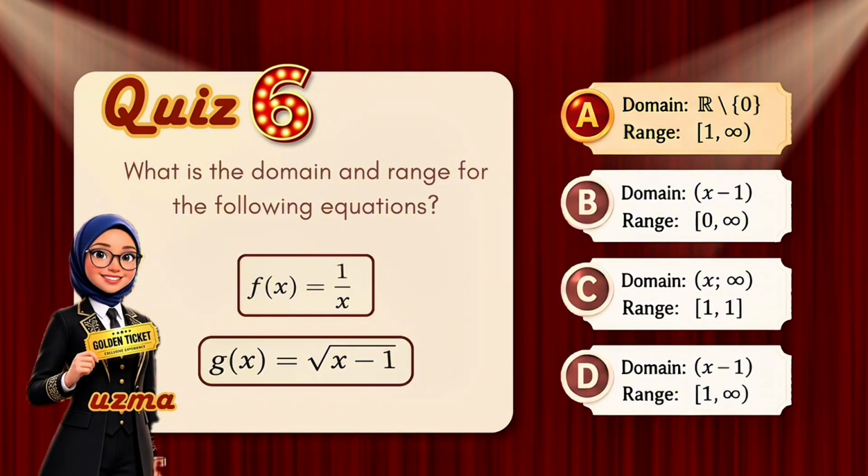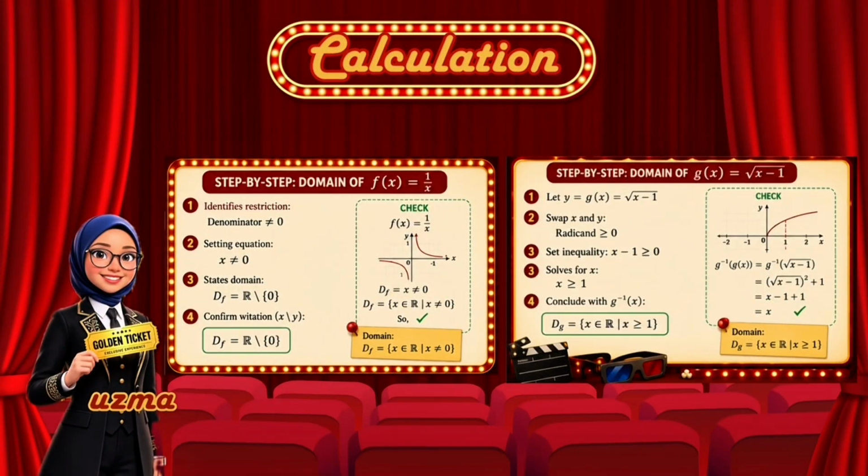Let us take a look into the calculation. Let us break down how we find the domain for both functions mathematically. First, for f(x) equals 1 over x. Steps 1 and 2, a fraction is undefined when its denominator equals 0.